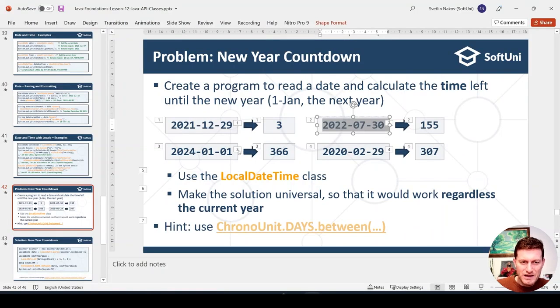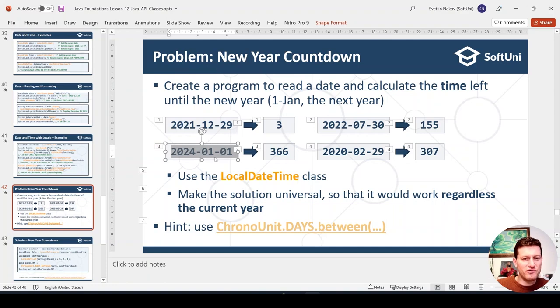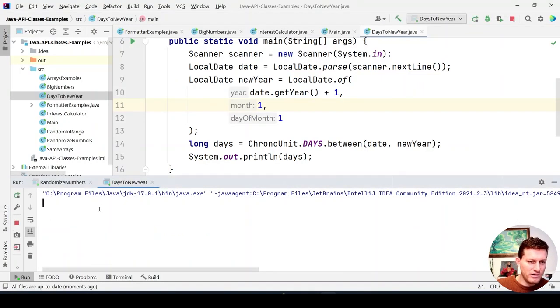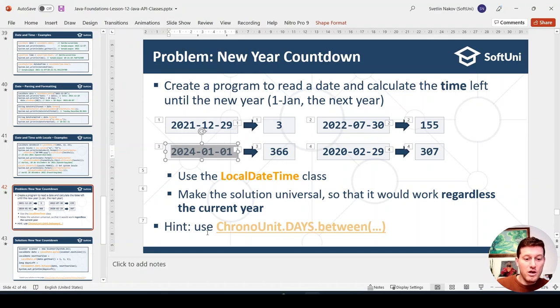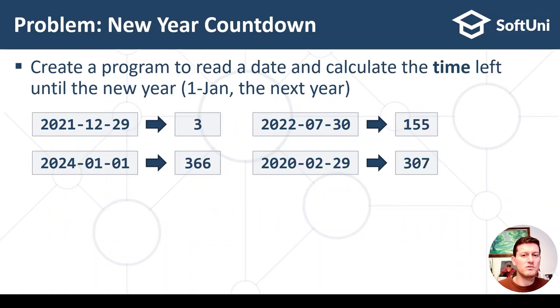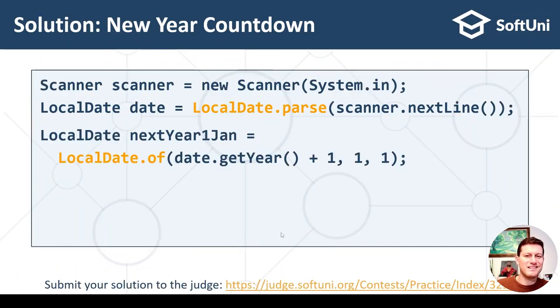Looks correct. And if I have 1st of January of 2024, the new year will come after 366 days because it is a leap year, 2024, and it has 366 days. Okay, that's all with this solution.